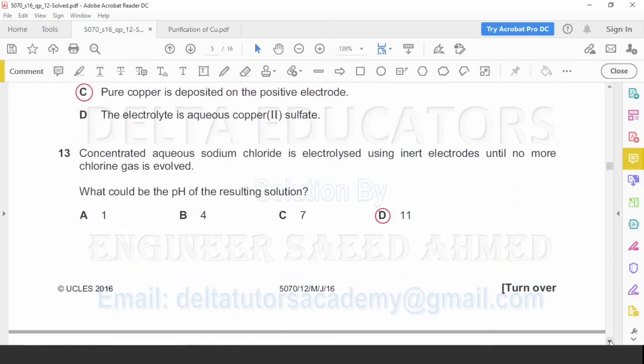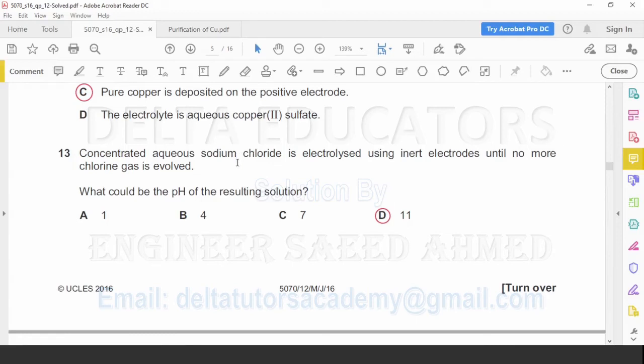Question number 13. Concentrated aqueous sodium chloride is electrolyzed using inert electrodes until no more chlorine gas is evolved. What could be the pH of the resulting solution? Here we have concentrated sodium chloride.